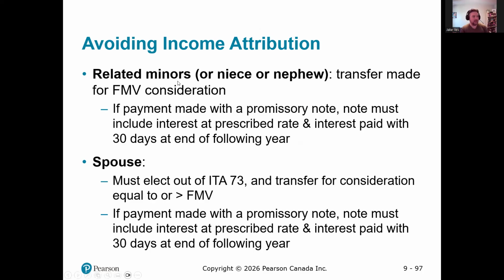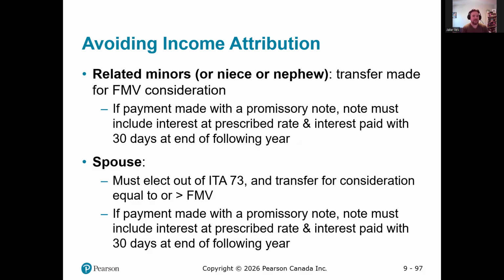For related minors, if I don't want to attribute the income, the minor needs to have paid for it. If I bought the shares, that income is coming in because I paid for it. So the income's mine. If we can figure out how to get the child to pay for those shares, then the income will stay in their name because it's their investment.